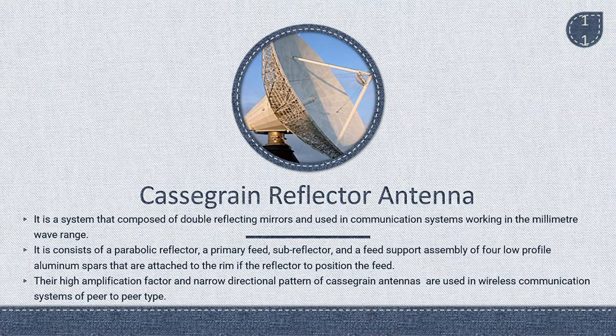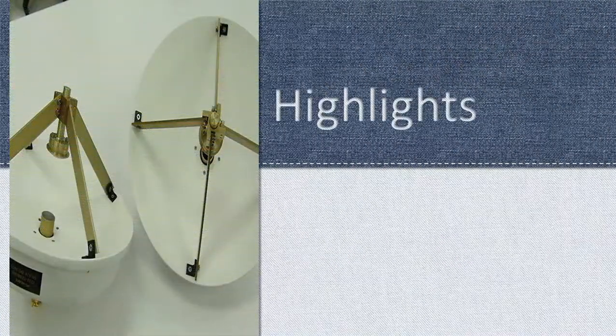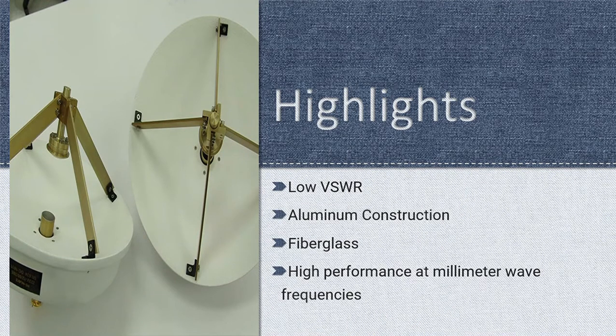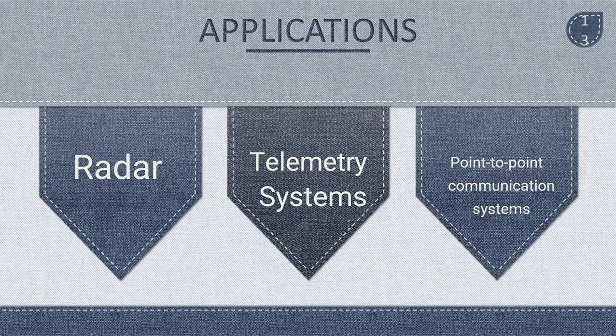Their high amplification factor and narrow directional pattern make Cassegrain antennas used in wireless communication systems of peer-to-peer type. The highlights of a Cassegrain reflector antenna are low VSWR, aluminum construction, fiberglass, and high performance at millimeter wave frequencies. Its application is in radar, telemetry systems, and point-to-point communication systems.